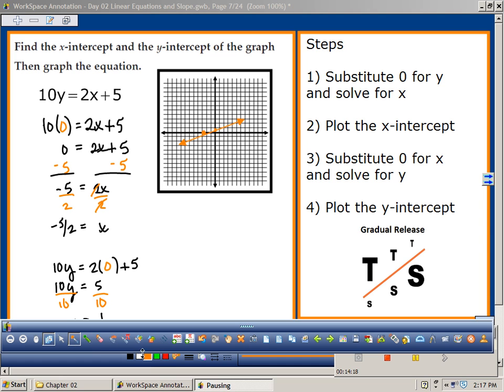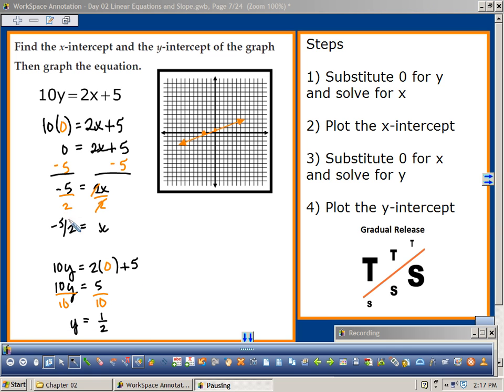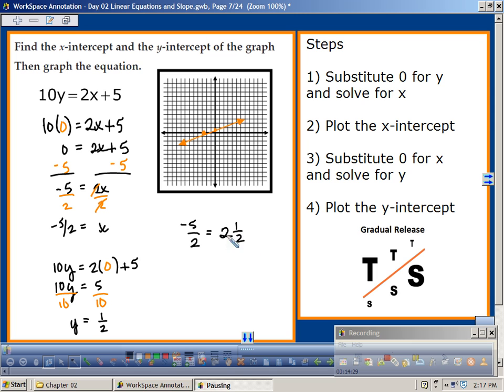Okay, graphing fractions. In order to graph a fraction, isn't -5/2 really 2.5? Because 2 times 2 is 4, with 1 left over, right?